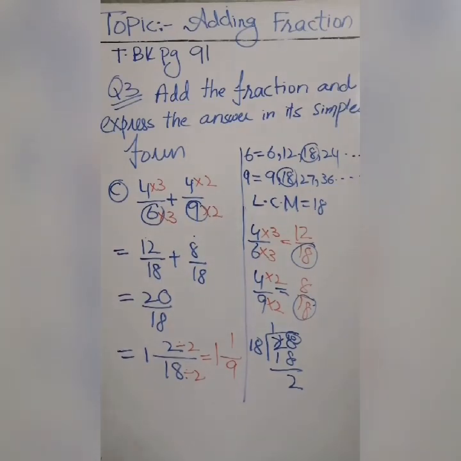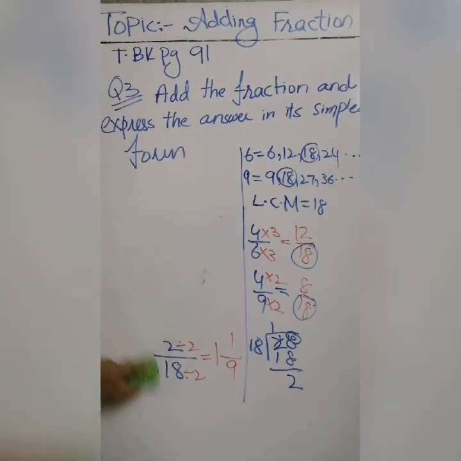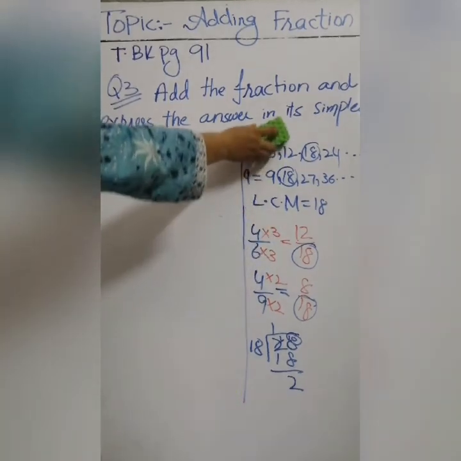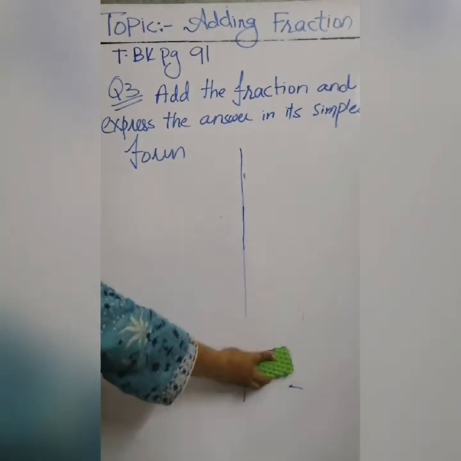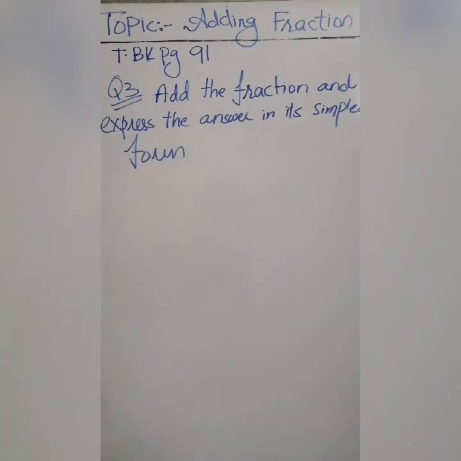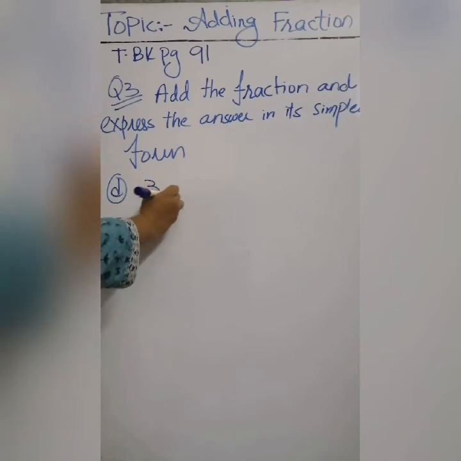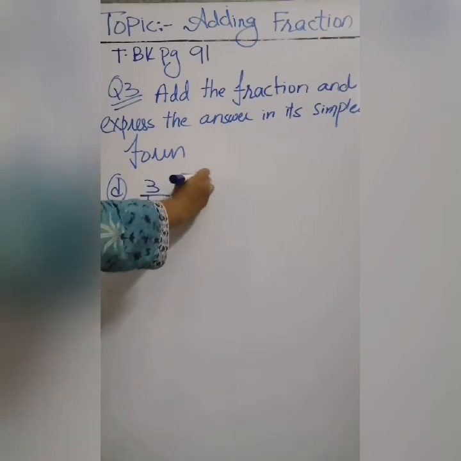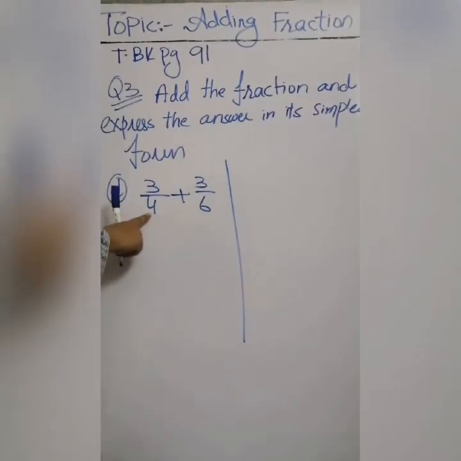Now we have part D. Part D is the same type of question as part C. We again have two different denominators which are not going to be made the same in the first step. 3 by 4 plus 3 by 6. Now 4 is not going to be 6, 6 is not going to be 4.